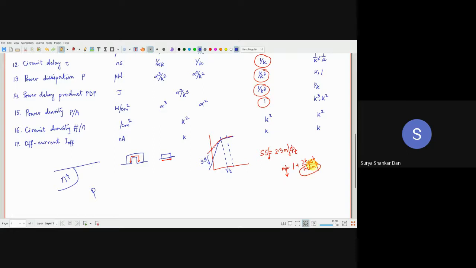WDM is the depletion width, so we have to increase the depletion width. Earlier the depletion width was somewhere here. So we should take P minus, in theory. So not increase, decrease the doping.